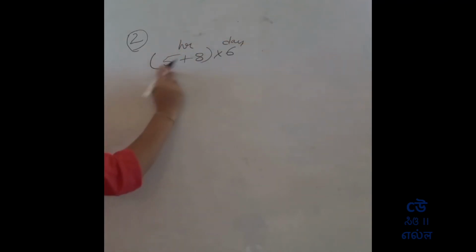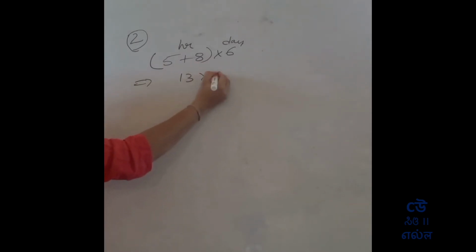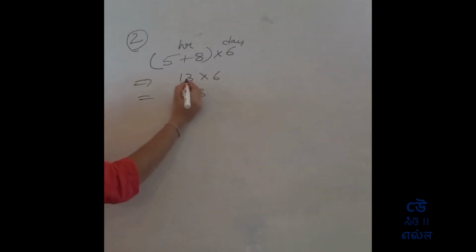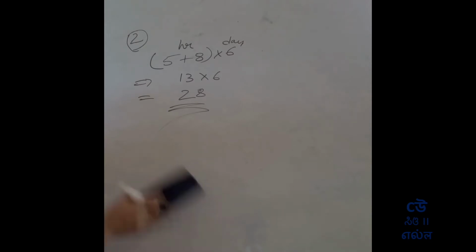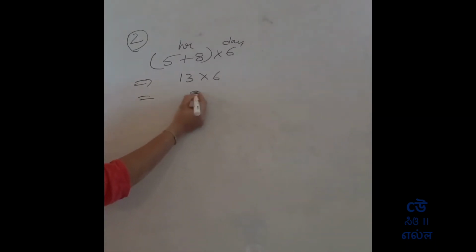So totally how many hours do they work? 8 plus 5 is 13. So 13 first, then 6. 6 threes are 18, and 6 ones are 6, so 78 is the answer.